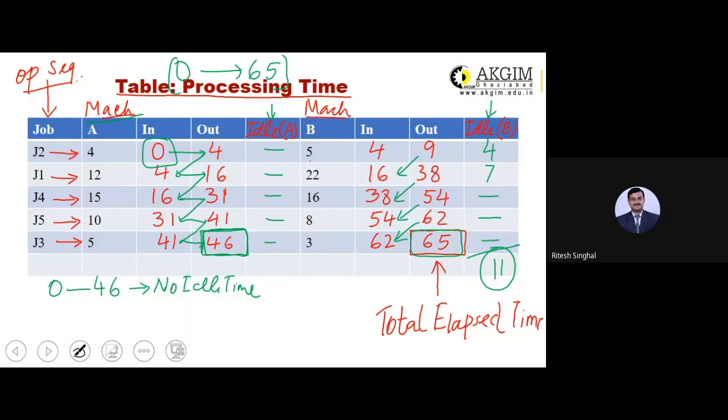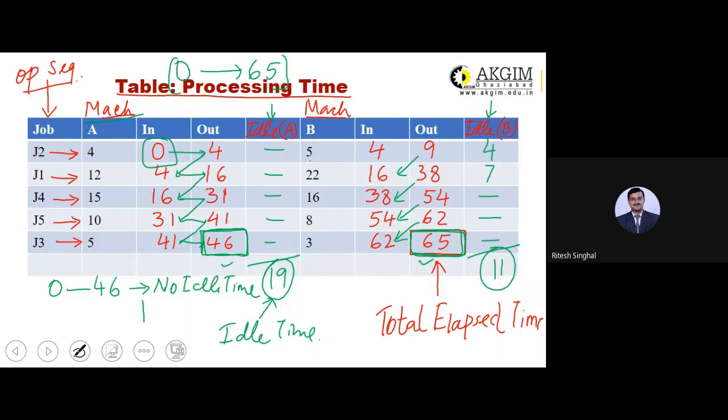So the difference between 46 and 65, that is 19 hours, is the idle time for machine A. From 0 to 46, there is no idle time, definitely. But after 46, machine A has to wait for machine B, because the entire project is only finished when all the jobs are completed on both the machines.